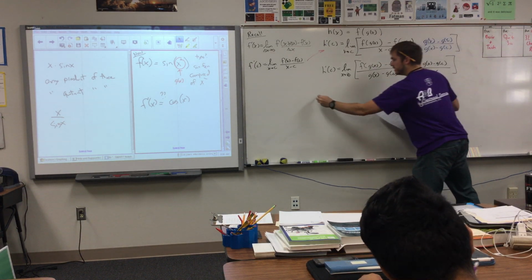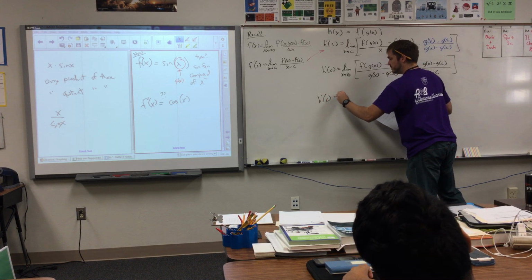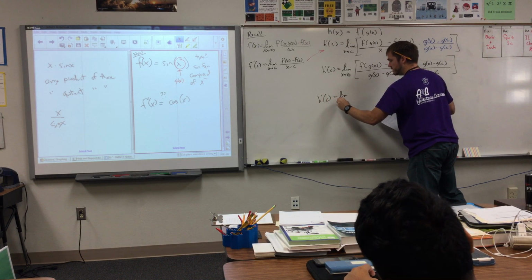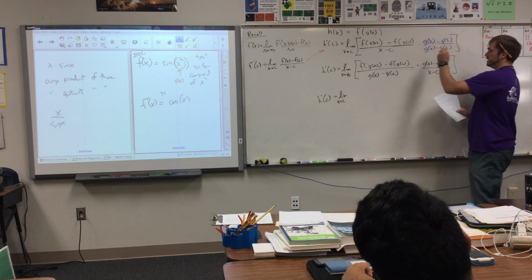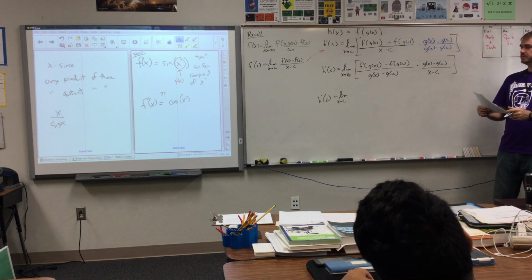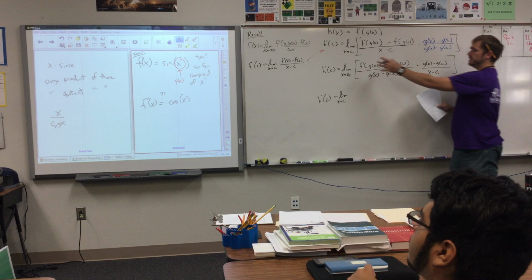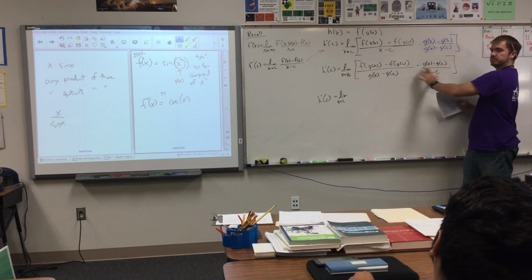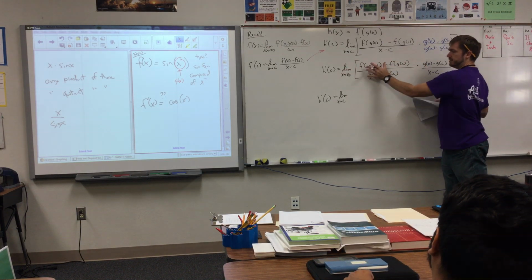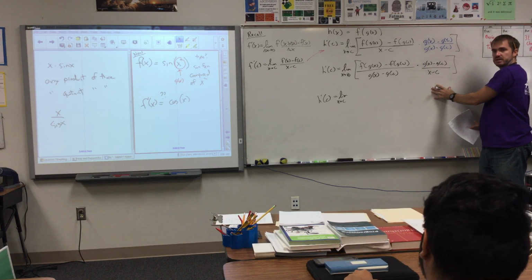So now we have h prime of c equals the limit as x approaches c, and this is going to be a pretty short proof. We're almost done. I'm just going to say the limit of this product is equal to the limit of the first thing times the limit of the second thing.